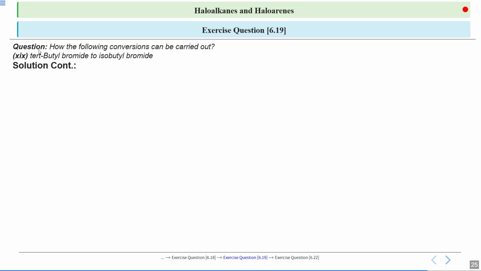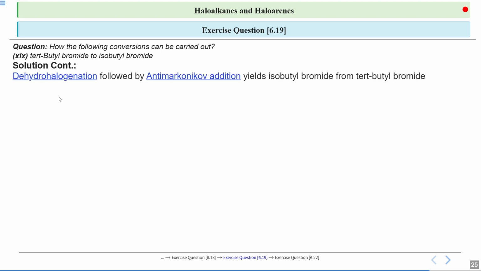Now for the 19th part, tertiary butyl bromide to isobutyl bromide. Dehydrohalogenation you have to do. Then you have to perform the anti-Markovnikov addition, which will yield isobutyl bromide from tertiary butyl bromide. So you take this tertiary butyl bromide, then react it with alcoholic KOH. Then dehydrohalogenation happens.